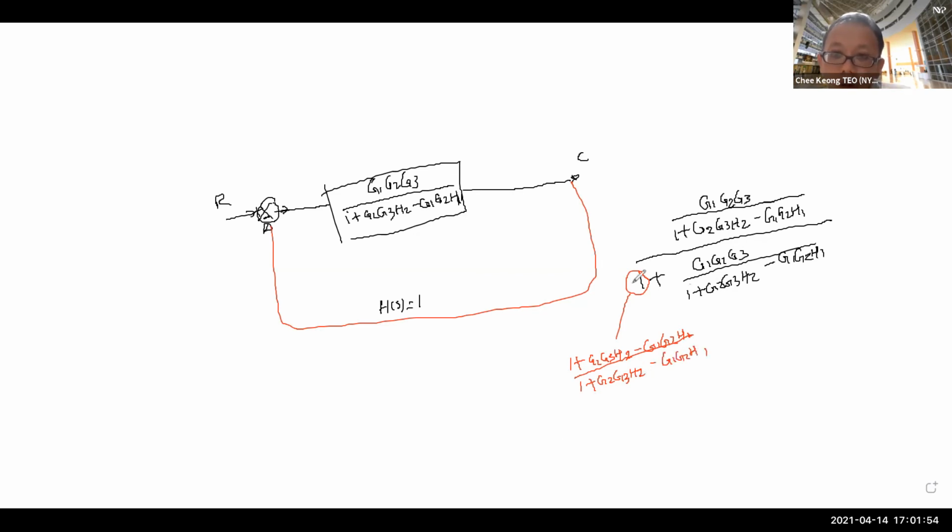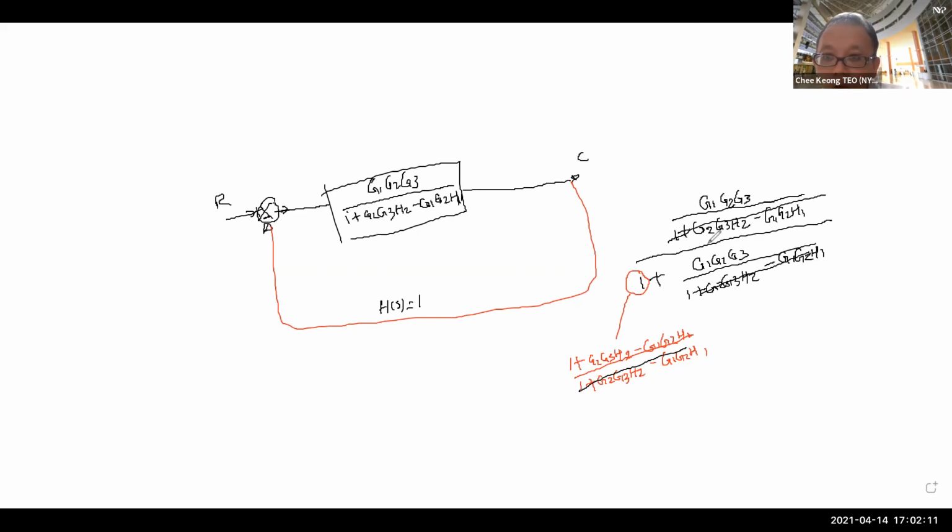So now all your denominators are the same, so again we do the cancellation. We cancel the denominators, and right now you write all the numerators.